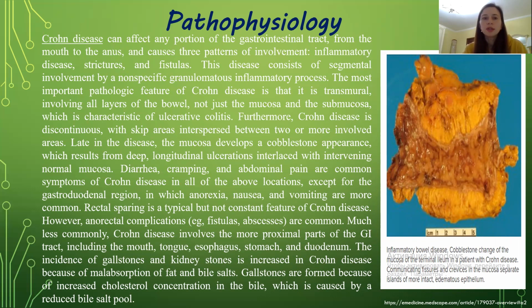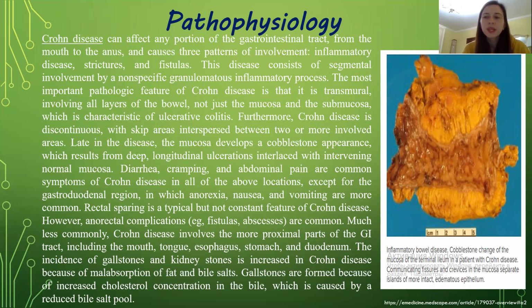Furthermore, Crohn disease is discontinuous, with normal areas interspersed between two or more involved areas. Late in the disease, the mucosa develops a cobblestone appearance, which results from deep longitudinal ulceration interlaced with the intervening normal mucosa.